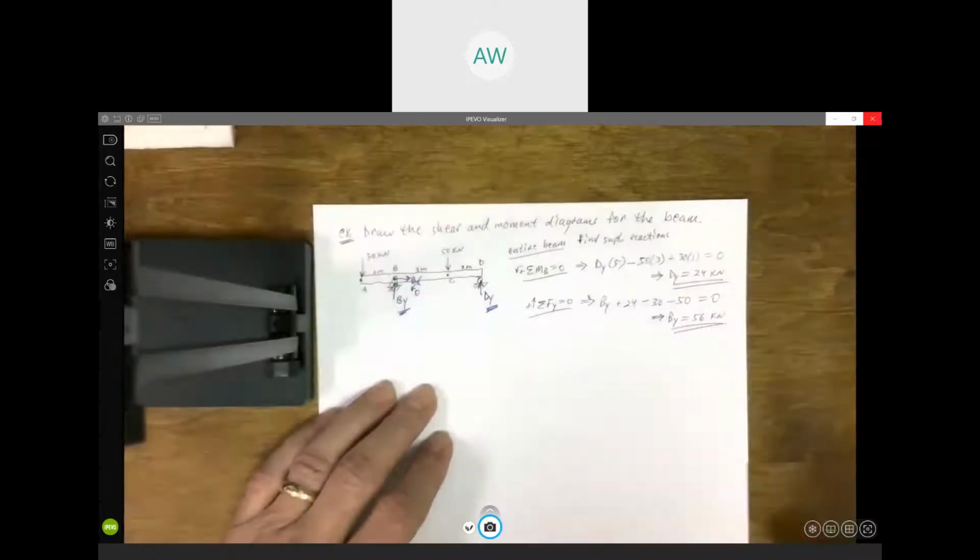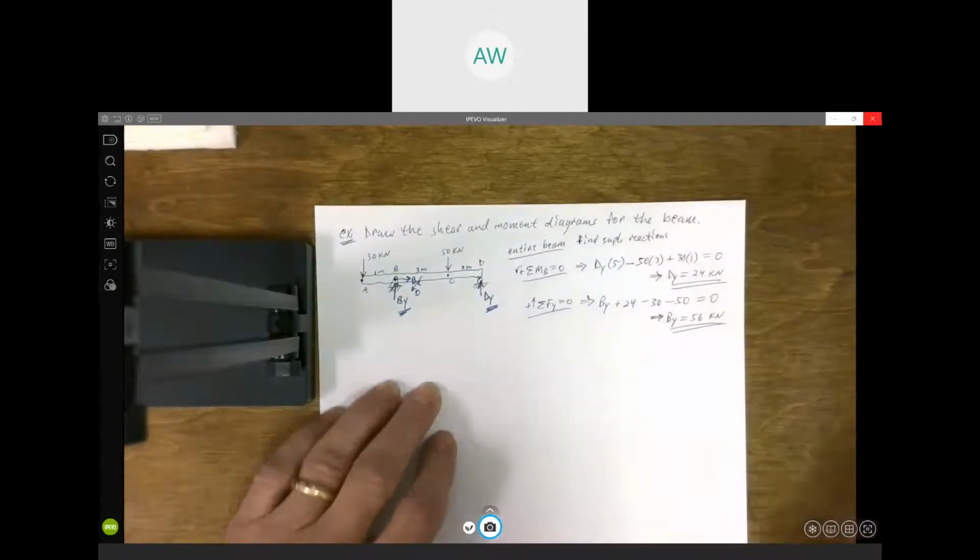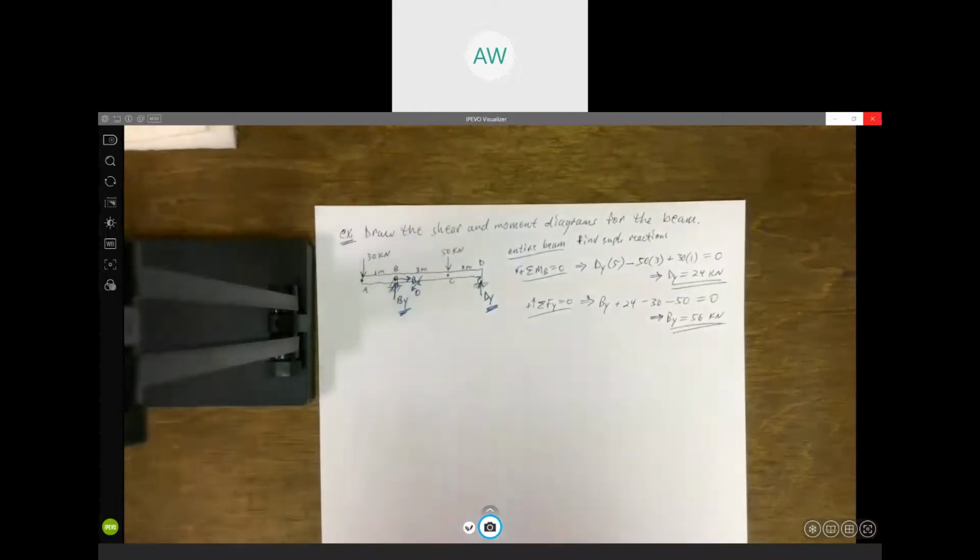All right, so just basic simple statics, a 2D equilibrium problem. We found our support reactions. As I mentioned just a minute ago, our goal is to get equations for V and M as a function of x.